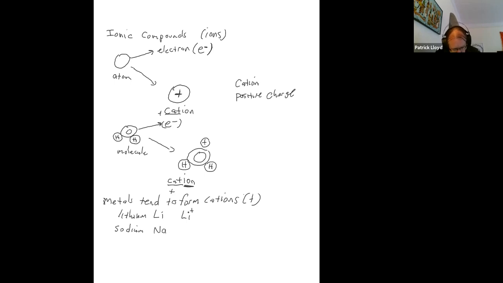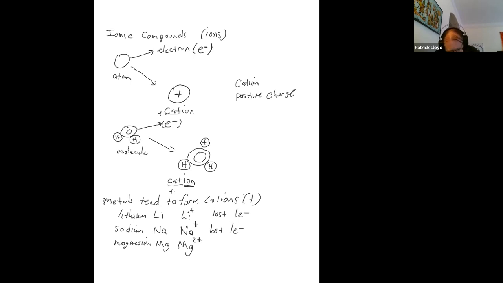The ion, the cation, is Na plus. And so if you see a plus, that means it lost 1 electron. But some metals lose 2 electrons. An example of that is magnesium, Mg. It turns out magnesium is more likely to lose 2 electrons. So we write that as 2 plus above it.